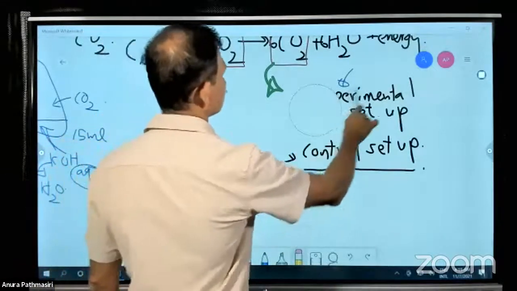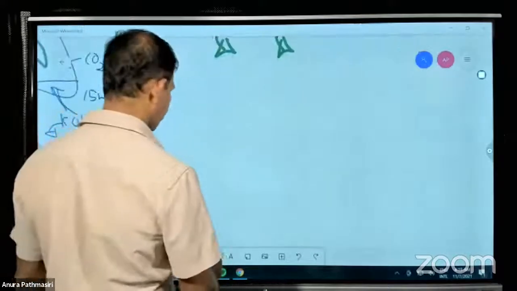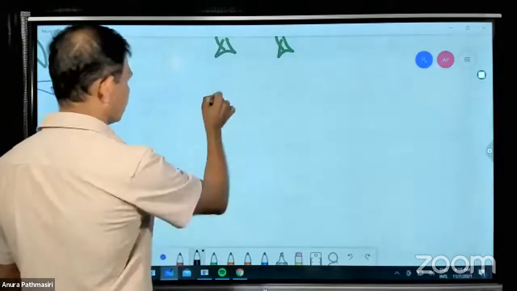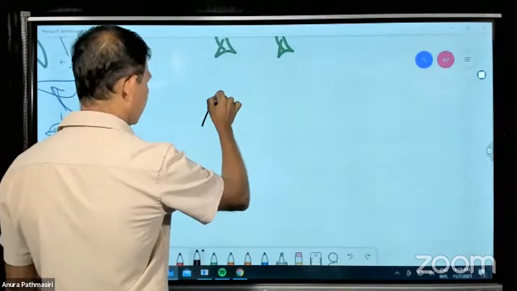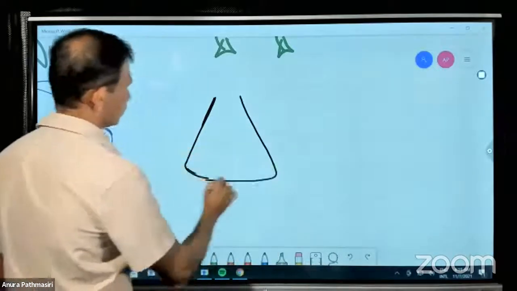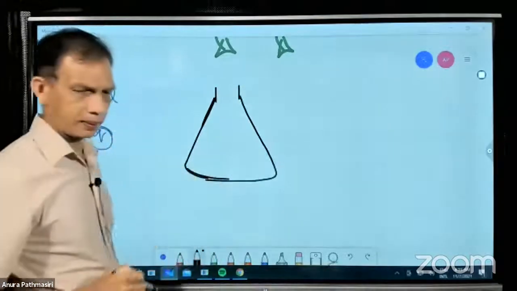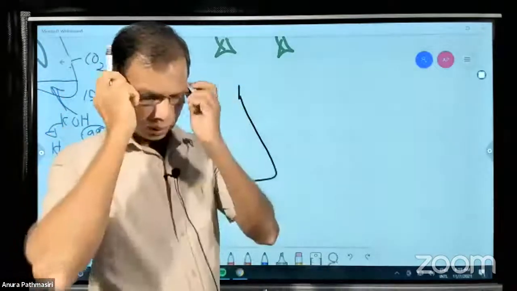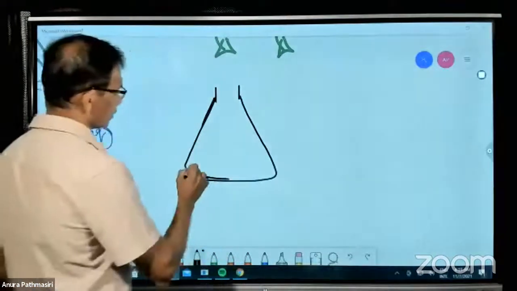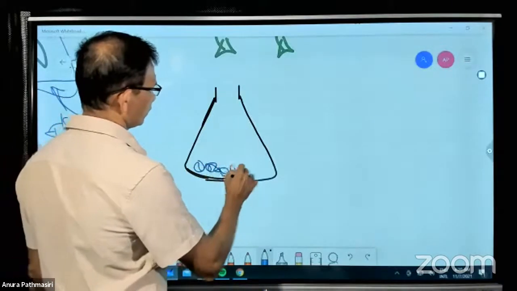The setups are arranged by using this laboratory equipment, right? Inside the container, germinating seeds are there. You can have the germinating seeds.